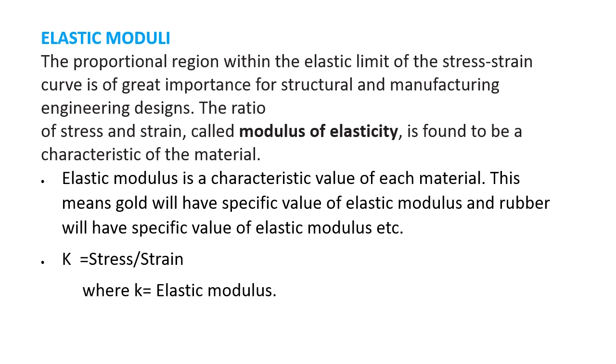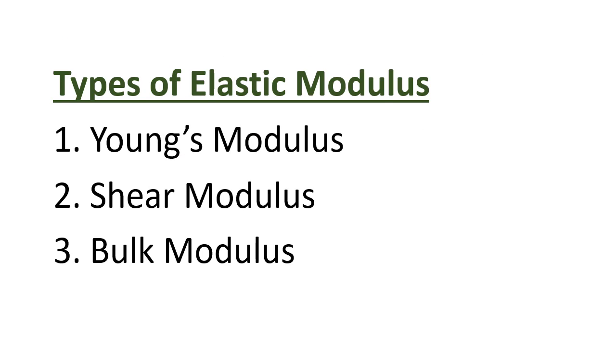The SI unit of modulus of elasticity is the same as that of stress, that is Newton per meter square. Its dimensional formula is M L^-1 T^-2, because strain is a ratio of the same dimensions, change in length upon original length, so it has neither unit nor dimensions.